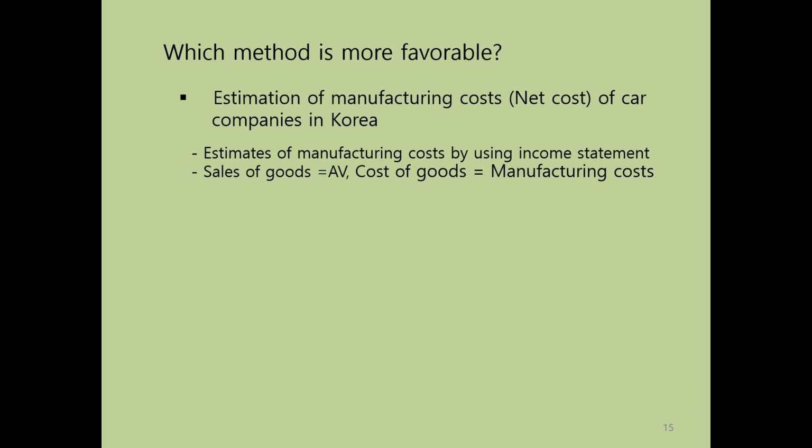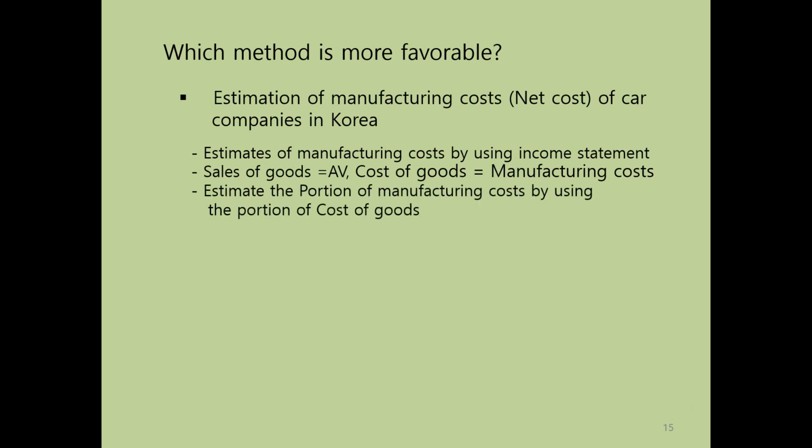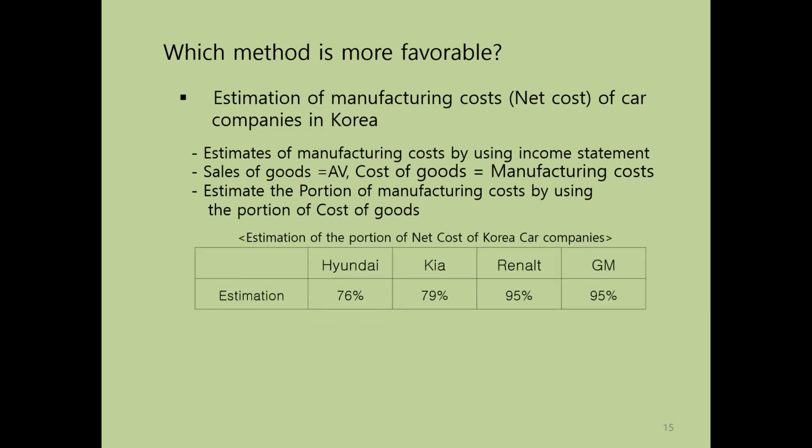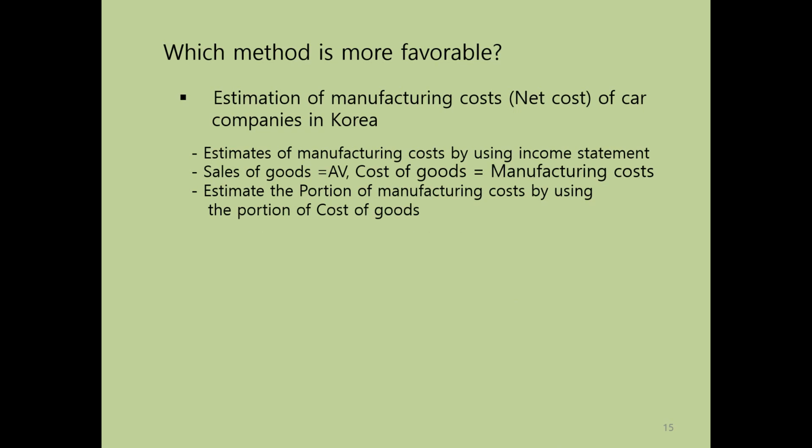I can say that sales of goods and cost of goods in the income statement are the sum of product price and manufacturing cost. They are not exactly the same, but very similar concepts, so we can use them just for estimation purposes.